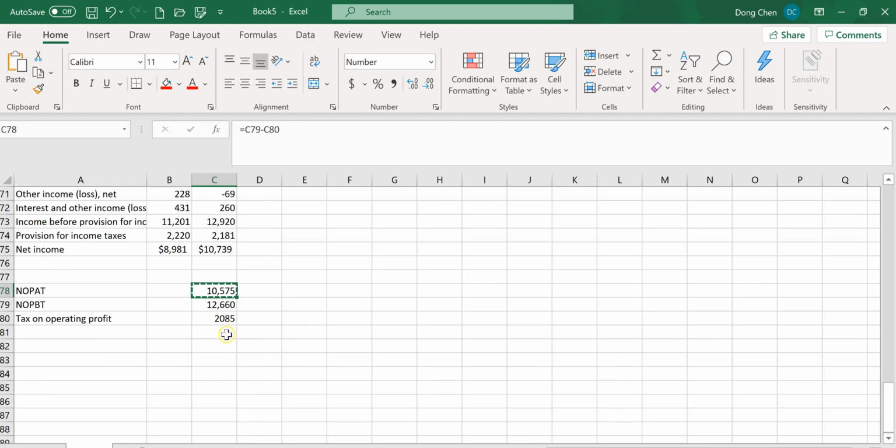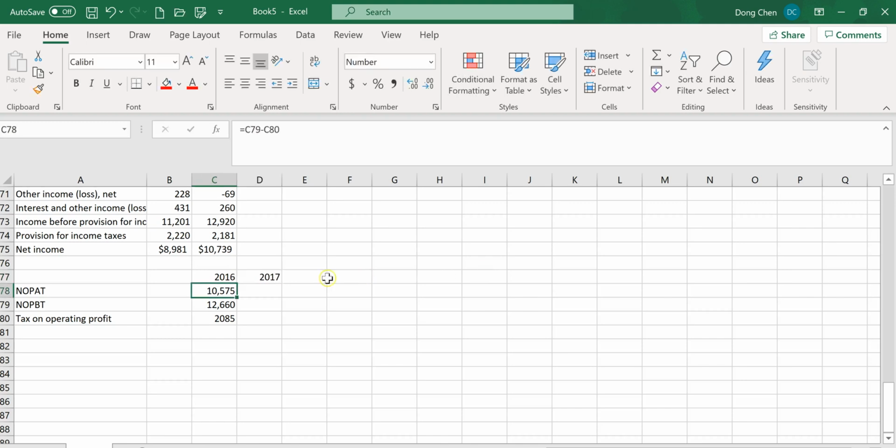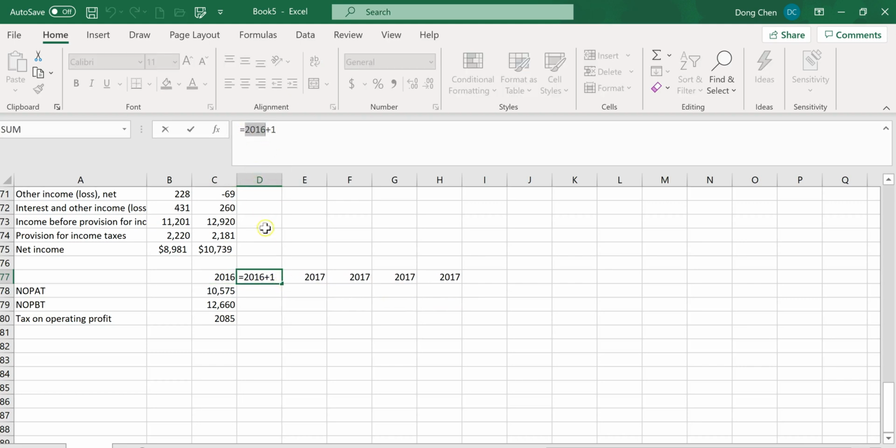So we have done a calculation for the current year. Let me start from here. This is 2016, and so the next year is 2016 plus 1. Now I can pull the cell to the right. Oh, I don't want to put the number, I just put the cell number here.